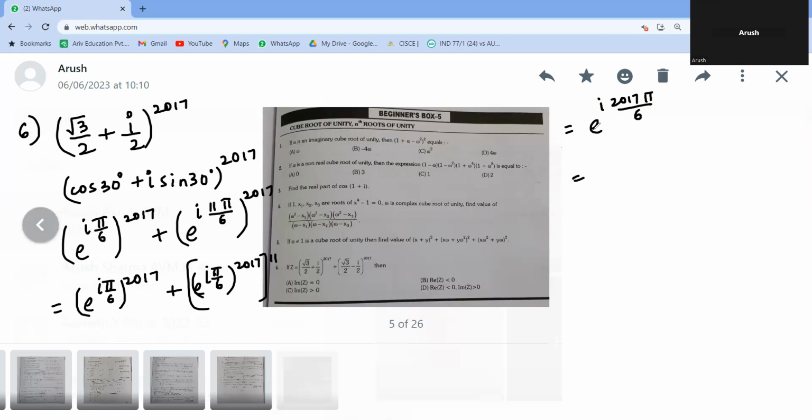इसका वैल्यू पहले फाइंड करता है, फिर इजी हो जाएगा. So e raised to i 2017 pi by 6. 2017 is not divisible by 3, तो इसका कुछ कैंसिलेशन तो पॉसिबल नहीं है.